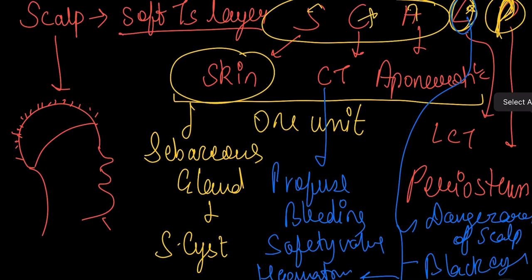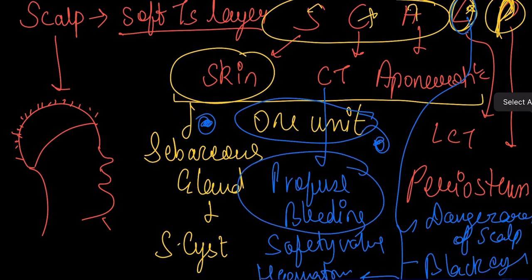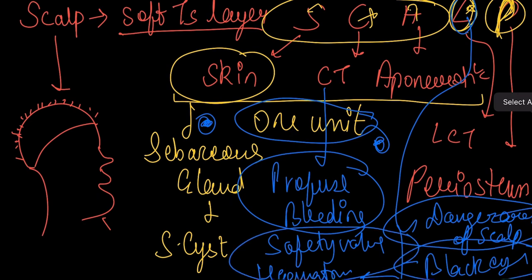So we have mentioned all the things. Important thing to note: the one unit has first clinical significance, profuse bleeding, second clinical significance, and loose connective tissue is the danger area, black eye, safety valve hematoma clinical significance. We have covered the entire base.